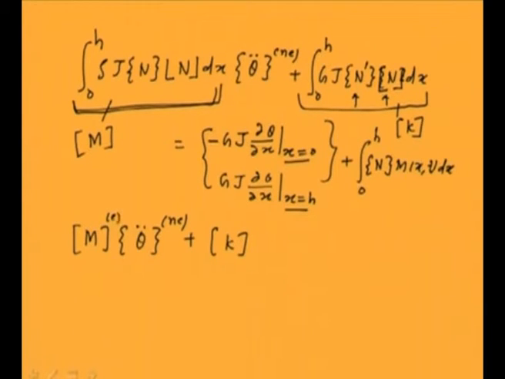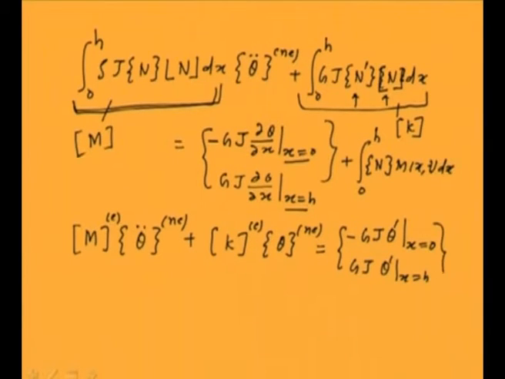These are for the element, so let us call it with a superscript E, equal to, now you can see that we are able to write this in a more compact form by putting theta prime, which represents the derivative with respect to x, and the forcing term.